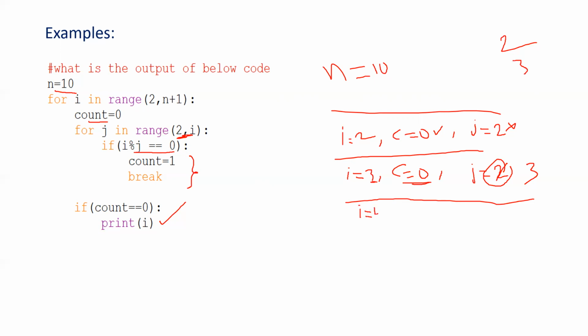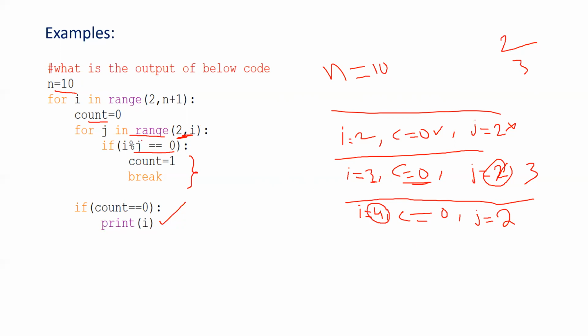Now in this case, see here, the count value will be 0 and j value will be starting from 2 and j value will be up to 3 only, because we know that j value is ranging from 2 comma i, which is nothing but 2 comma 4, 1 less than this. Okay.